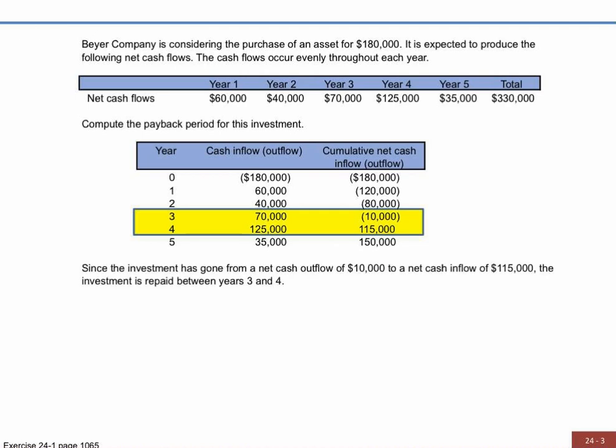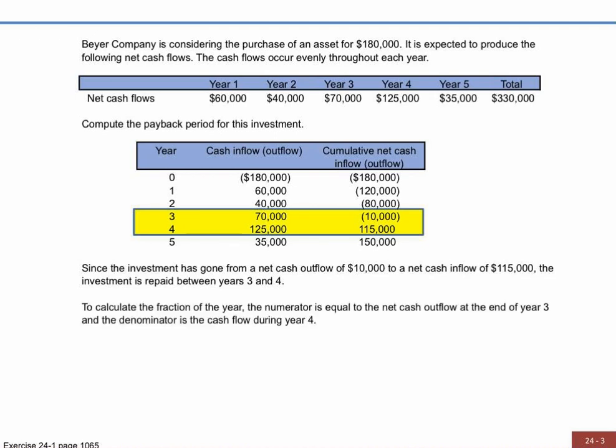So in order to get a precise number for how many years does it take to pay back the 180,000 we had as a cash outflow, we are going to divide that 10,000 we still had to make up after year three by the total amount of cash inflow we had in the 4th year. So we had 125,000 spread across the 4th year, and we needed 10,000, the first 10,000 to get to that payback.